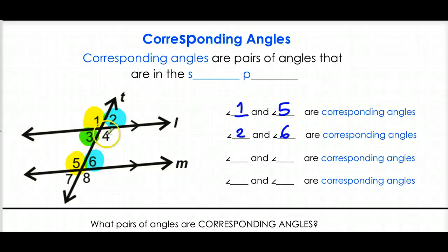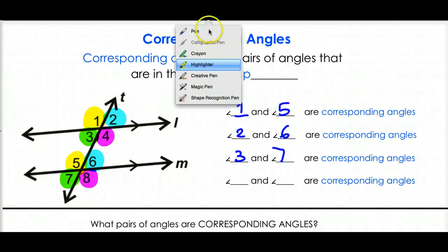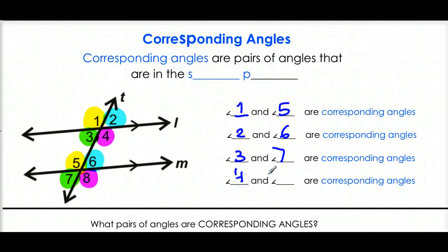It's on the lower left-hand side on line L, and 7 is also on the lower left-hand side of line M. So we would say 3 and 7. And then finally, we have 4, which is on the lower right, and 8, which is on the lower right. So we would say 4 and 8.